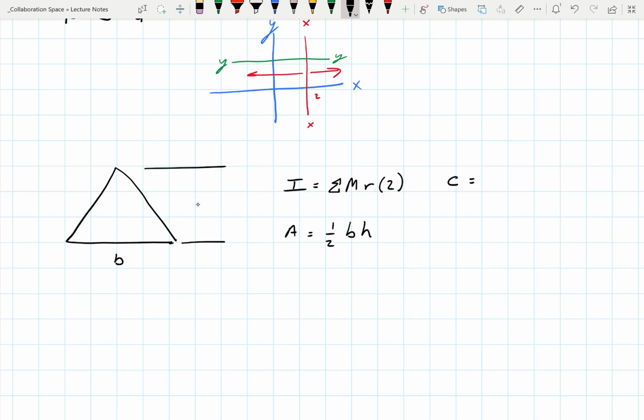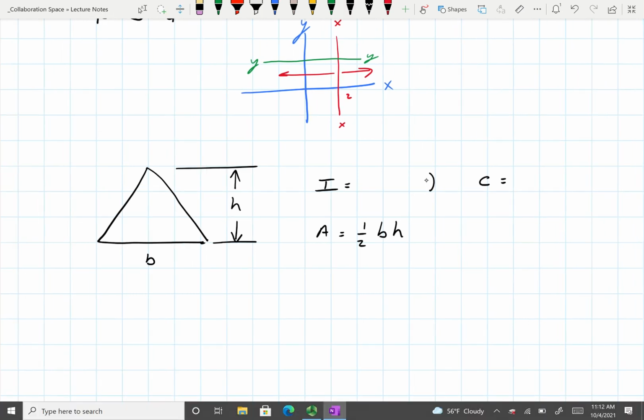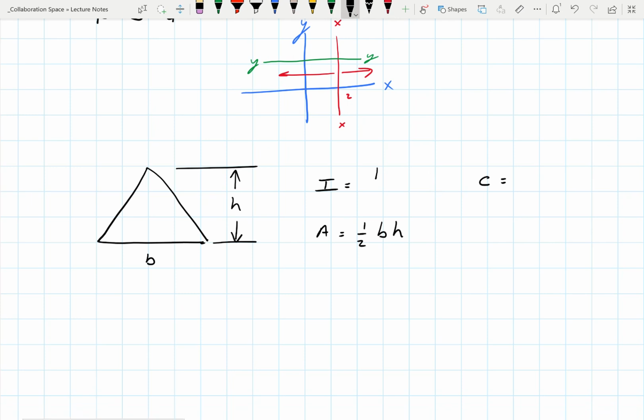That one just seems weird. Frank, is there one in the back of the book for a triangle? I may have just pulled up a shape that's... It's base times height cubed over 36. That's not what it is. I like that better. Base times height cubed over 36.